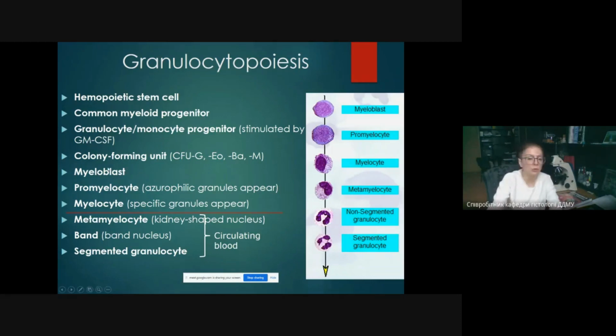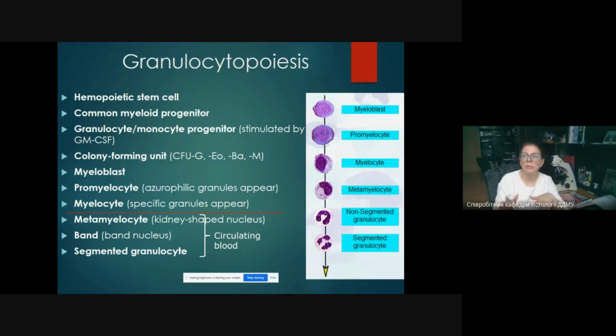So myeloblast should not appear, as well as promyelocyte and myelocyte, in the bloodstream. Okay, and metamyelocyte and band undergo changes in their nucleus, and the segmented granulocyte at last has its nucleus fully segmented. Okay, we have to say that also neutrophils are injected into the bloodstream, but some of them are left in the bone marrow.